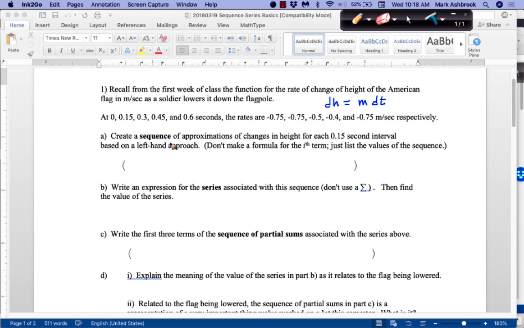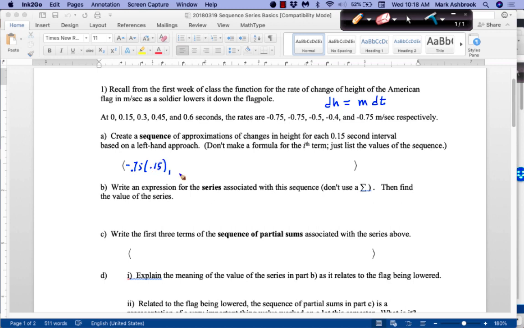So if we're doing a left-hand approach, we're going to do the rate times the change in time. The change in time is 0.15 every time. So the first in the sequence will be negative 0.75 times 0.15.